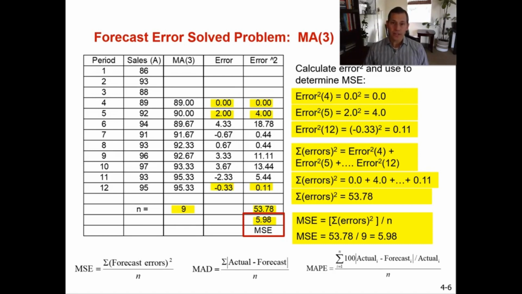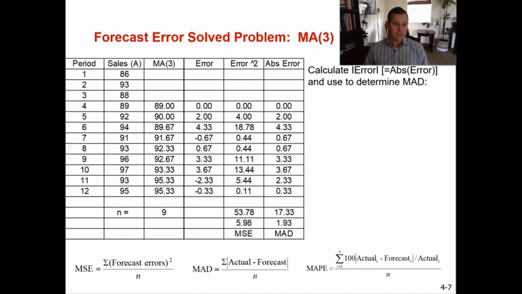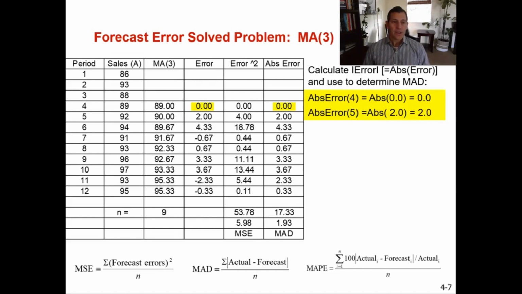So now let's calculate the mean absolute deviation. We're going to keep everything on this slide that we've already done. We've calculated our error squared, and our absolute error. Now, to do the absolute error, all we're going to take is that error that we originally calculated. So for period 4, it was 0. Well, the absolute error of 0 is 0.